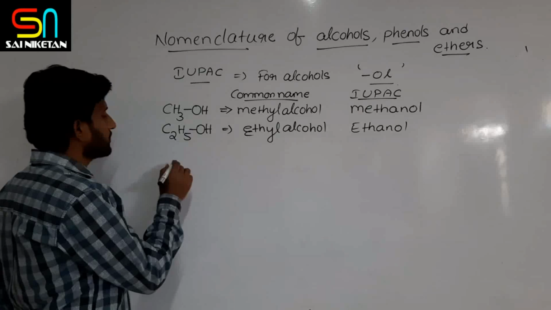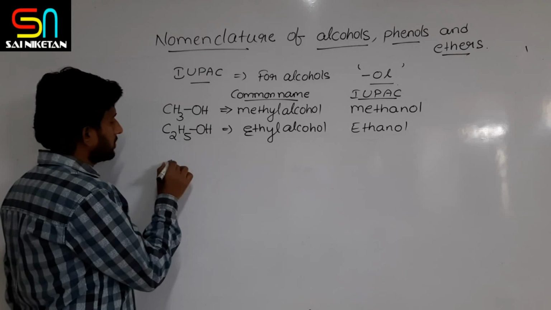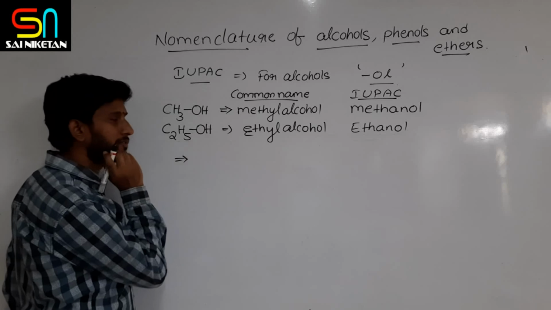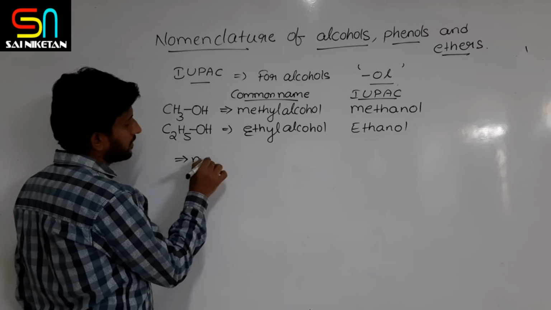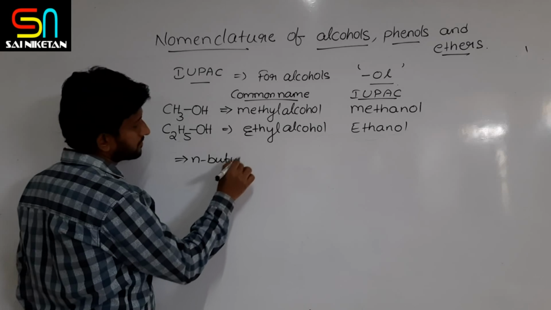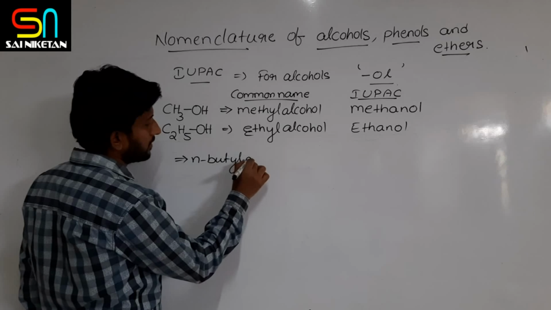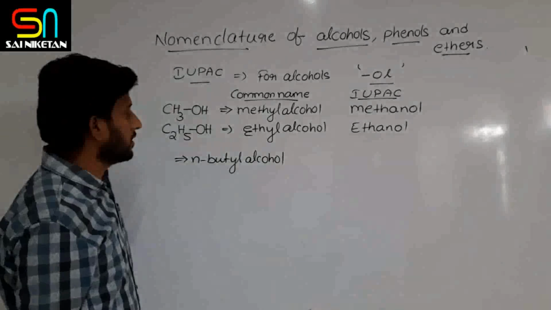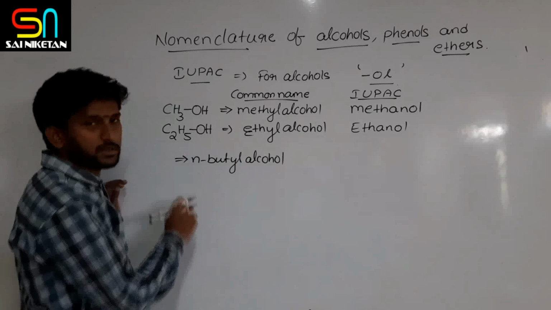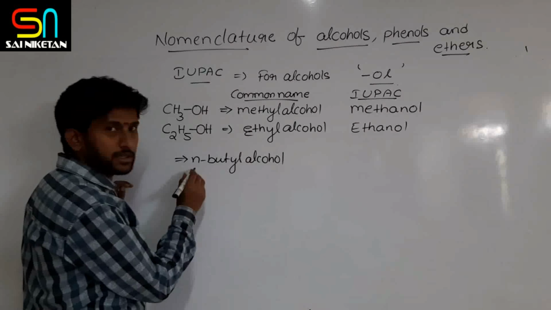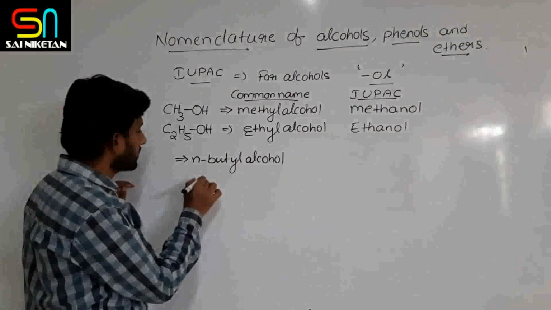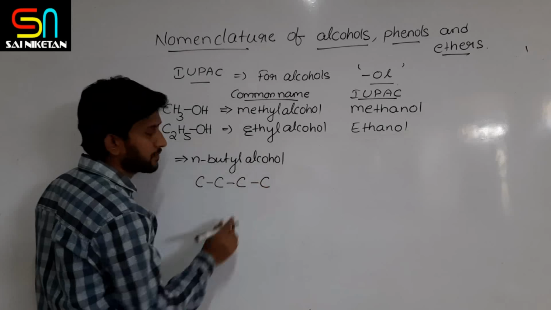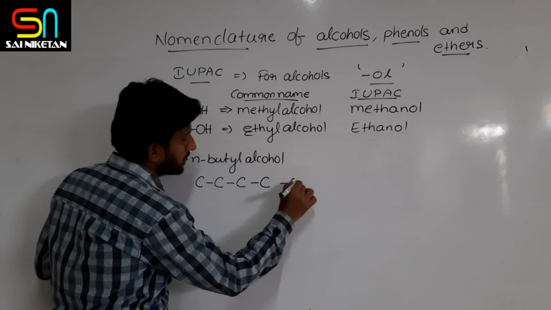Like that, if you take a common name of the compound, I am writing here the common name of the compound, N-butyl alcohol. Now N-butyl alcohol means what? N means straight chain, that is 4 carbons in straight chain with one OH group.